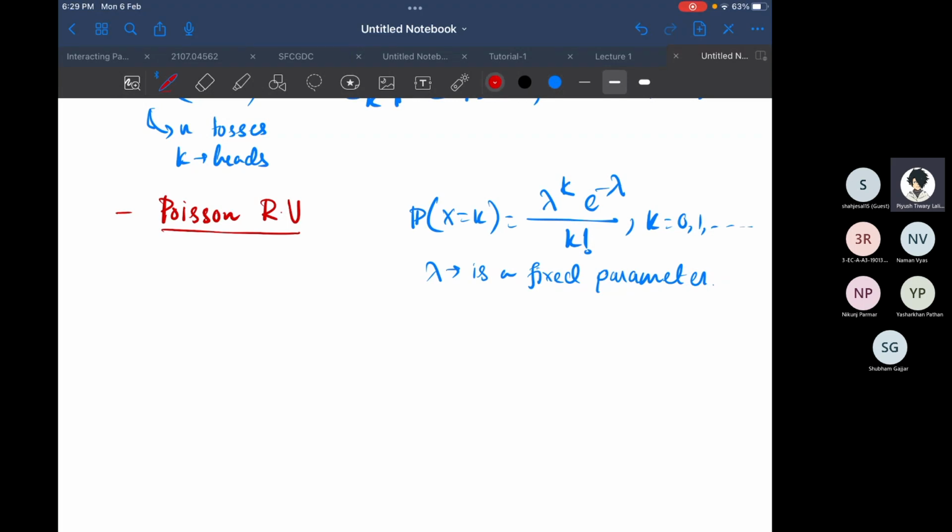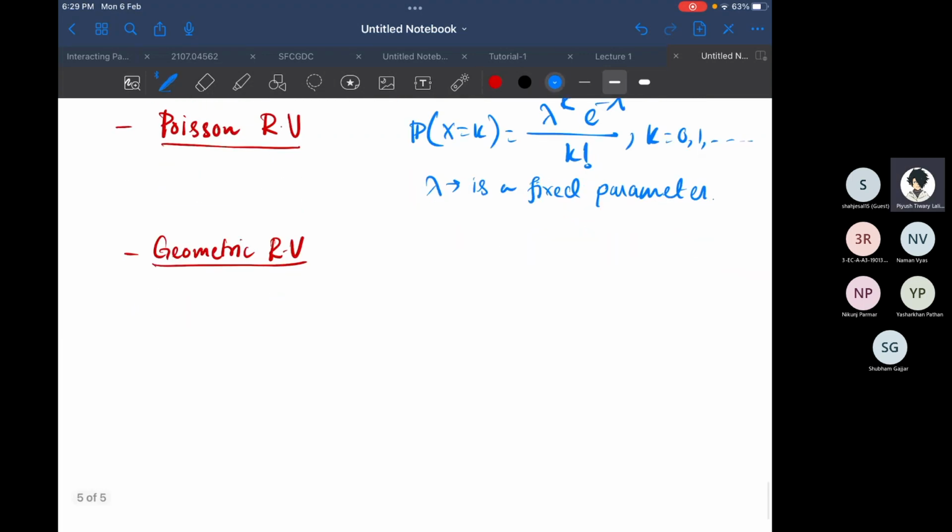Another example of a random variable is the geometric random variable, another famous one. Here the probability of x equal to k is, you can think of as, what is the probability that you encounter the first head at the kth coin toss?